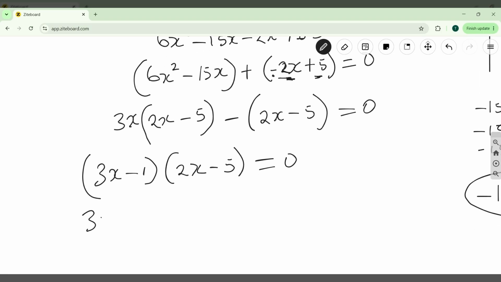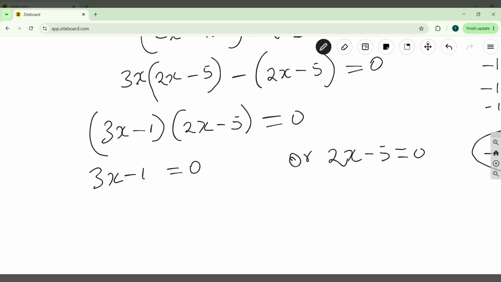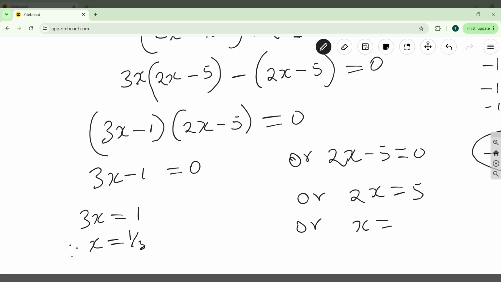And then we have 3x minus 1 is equal to 0, or 2x minus 5 is equal to 0. This means that 3x is equal to 1, or 2x is equal to 5. Therefore, x is equal to 1 over 3, or x is equal to 5 divided by 2.